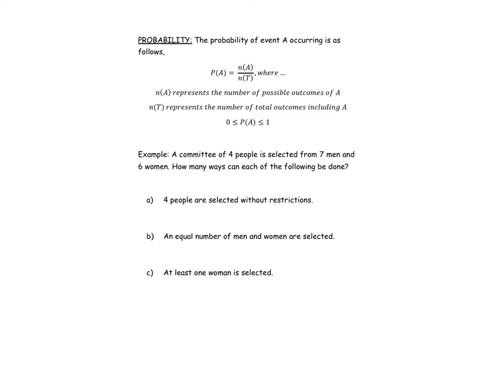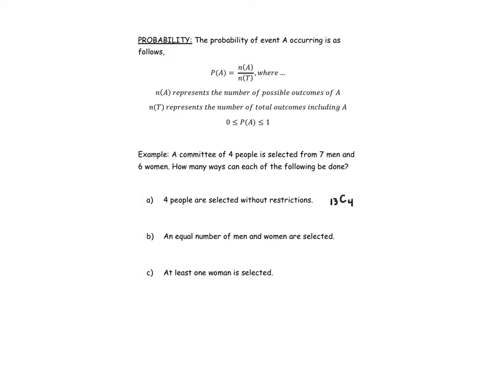So if there are no restrictions on the 4 people selected based on male or female, the answer to this question, actually I guess this problem isn't asking for probability, it's just asking for the number of ways something could be done. So the number of ways to choose 4 people from a group of 13 would be 13 choose 4.